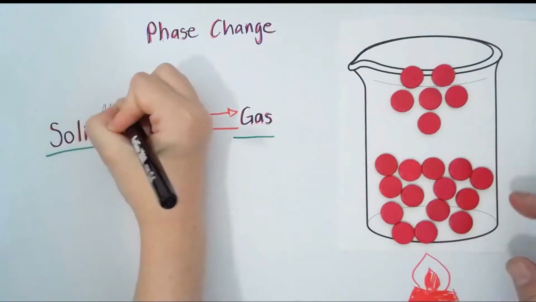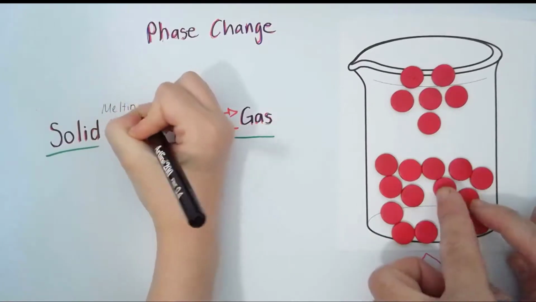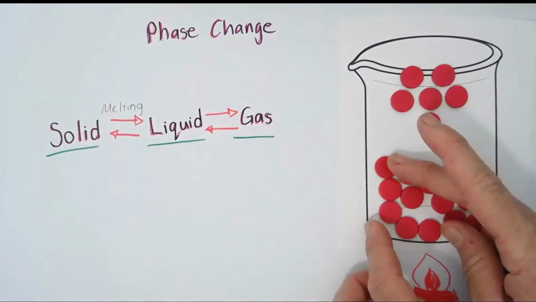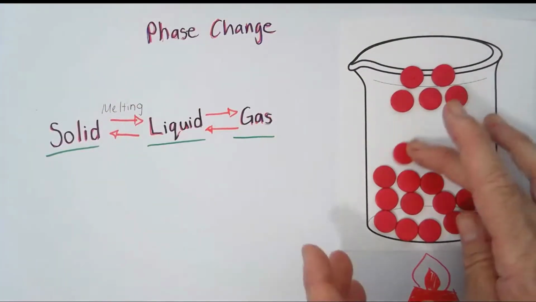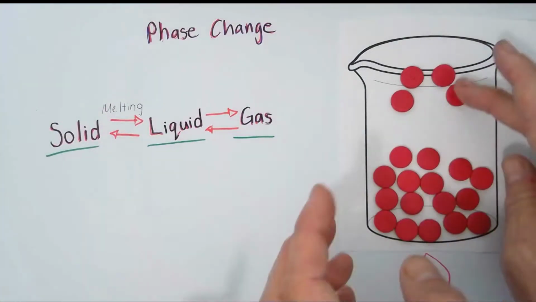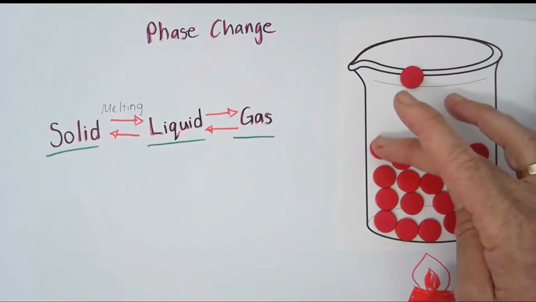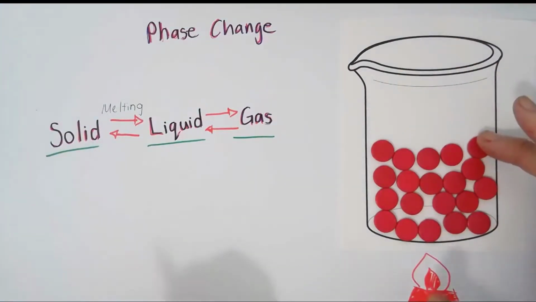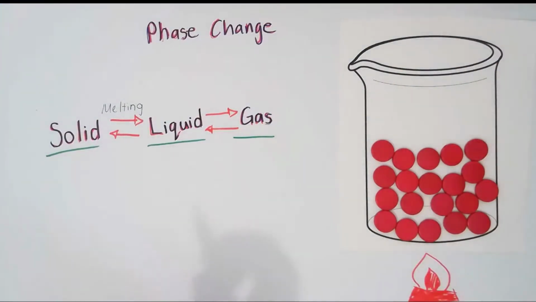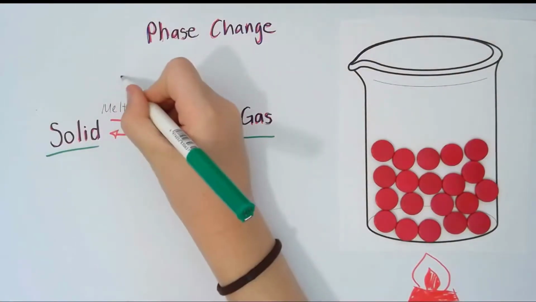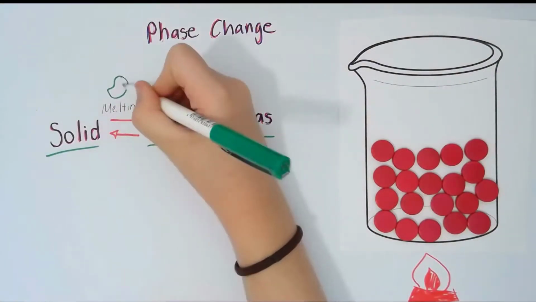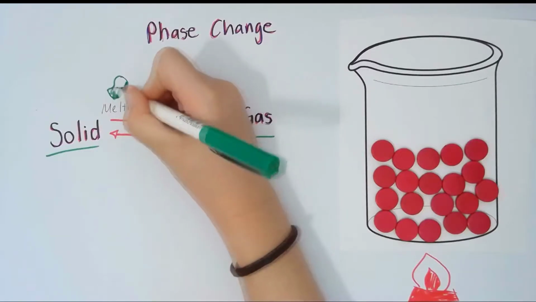Melting is the phase change going from a solid to a liquid. Of course, in a liquid, the particles still have an attraction between them, but it's not as strong. So it allows the particles to freely flow over each other and form a liquid. So going from a solid to a liquid is called melting.